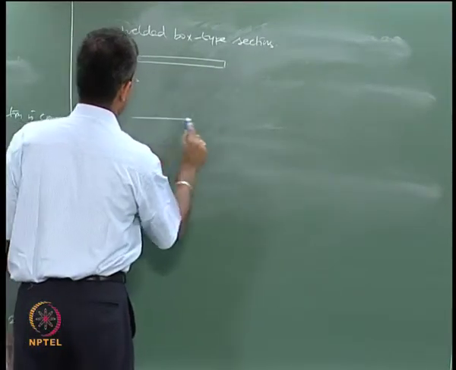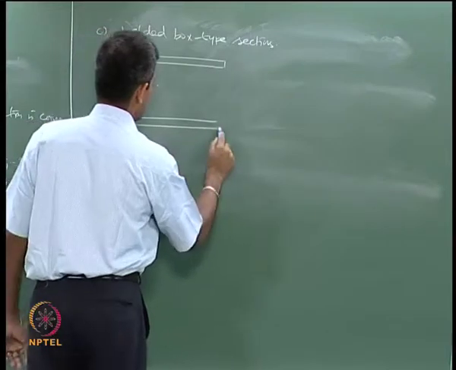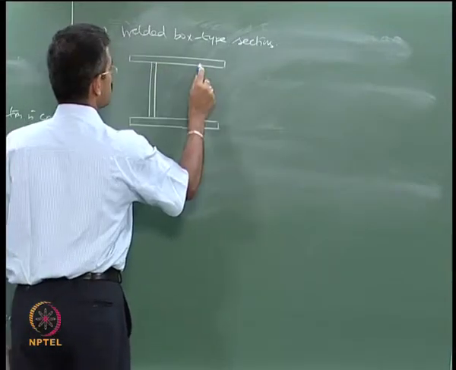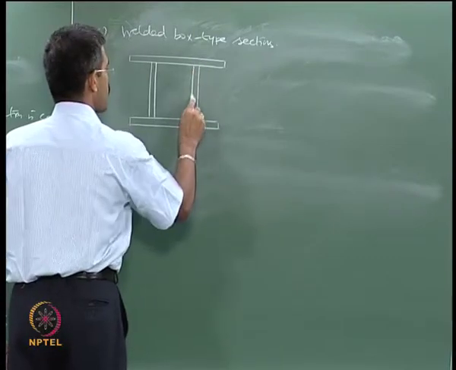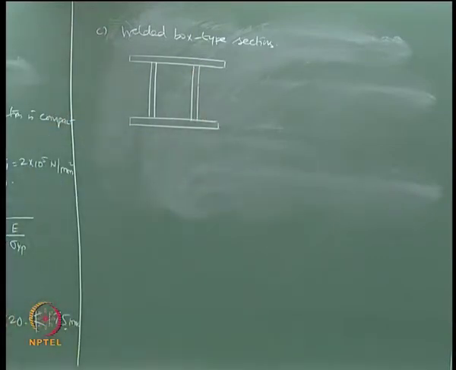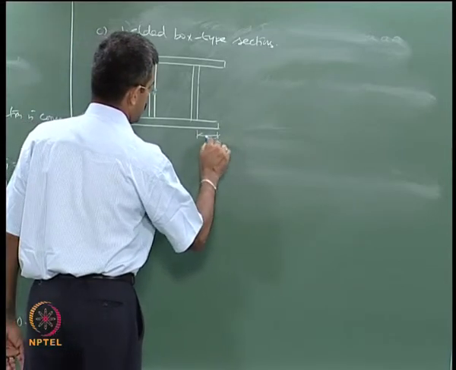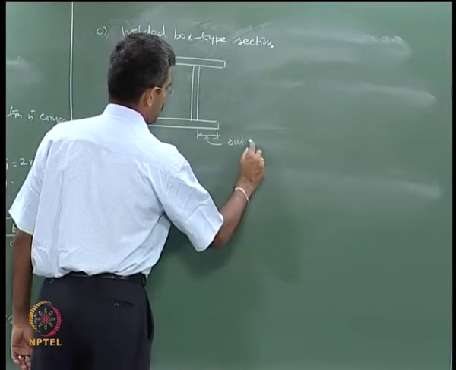You have upper and lower flange plates, and with those flange plates you create a box section. This is a typical welded box type section. This is what we call technically an outstand.